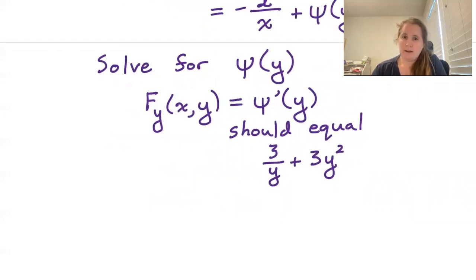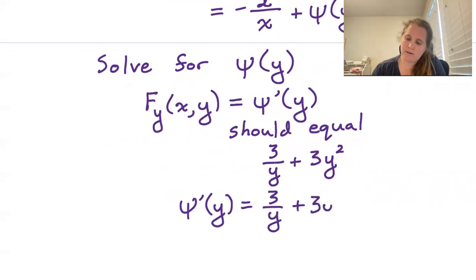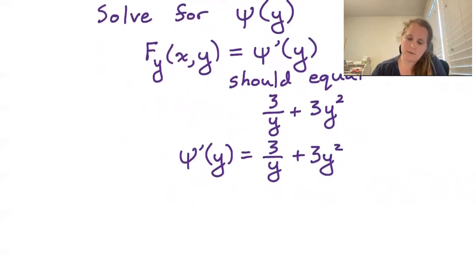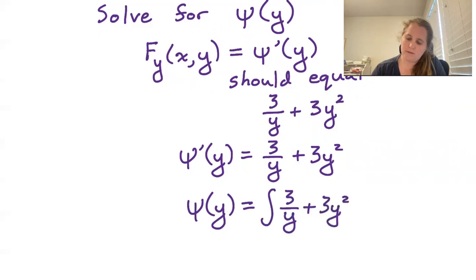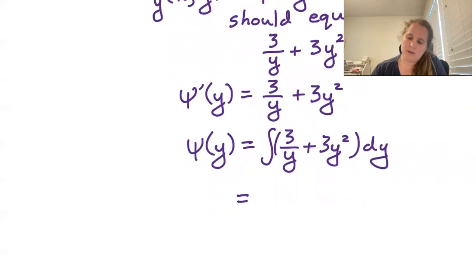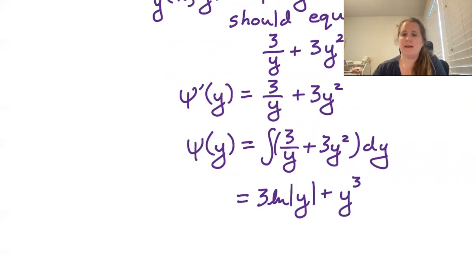If we take psi prime of y equal to 3 over y plus 3y squared, then we can find psi of y to be the integral of 3 over y plus 3y squared dy. So psi of y would be 3 times the natural log absolute value of y plus y cubed, technically plus c, but we only need one specific function.